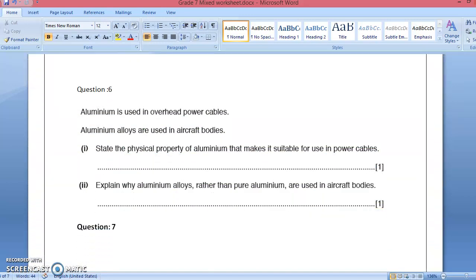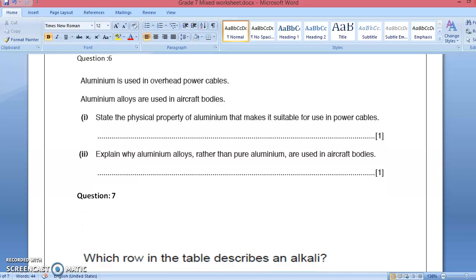Question number 6 is aluminium is used in overhead power cables. Okay, you know the big things that we have to transfer the power cables, they are made up of aluminium. Now the aluminium alloys, what are alloys?